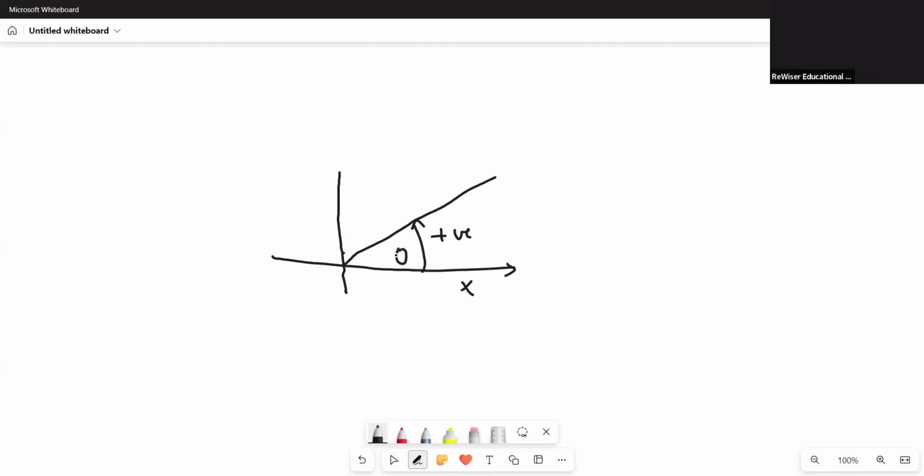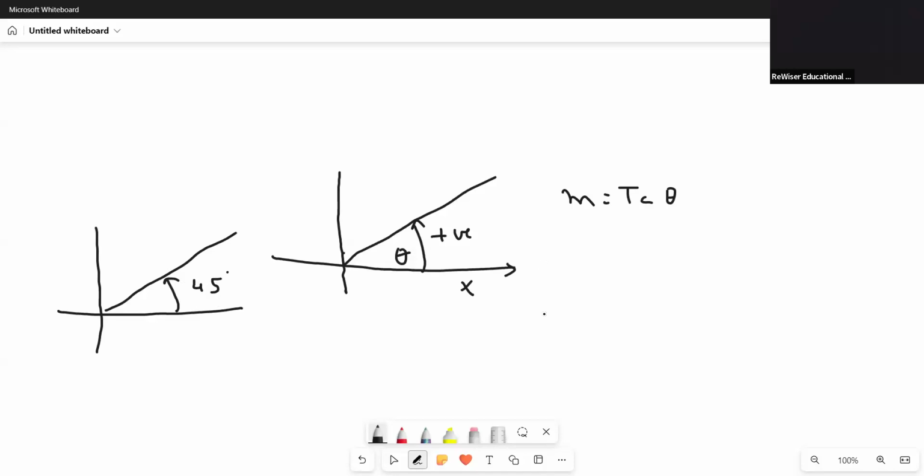That means if this angle is theta, then m should be equal to tan theta. For an example, if there is a line which is inclined at an angle of 45 degrees taken from the positive direction of x-axis and measured anti-clockwise, and that's 45 degrees.